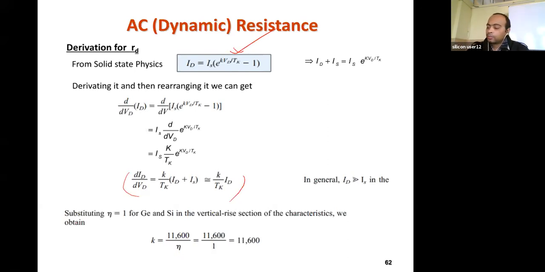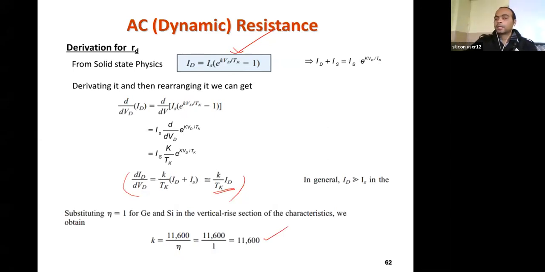So that is equal to 1 by 38.9 Id. Once you get dId by dVd, which is equal to this much, this K value you can calculate, that is 11,600 by eta. Eta you will put as 1. Why I told you? Because eta equal to 1 for both germanium and silicon in the conducting region.